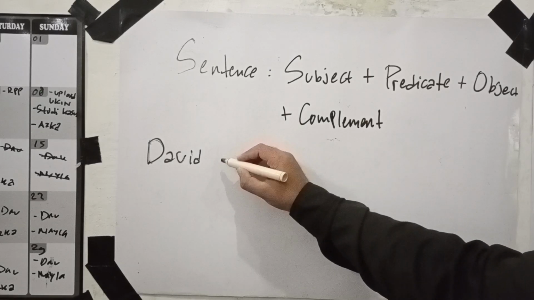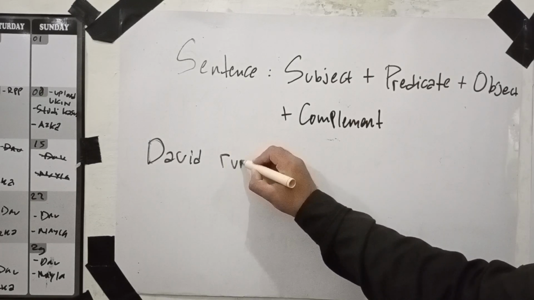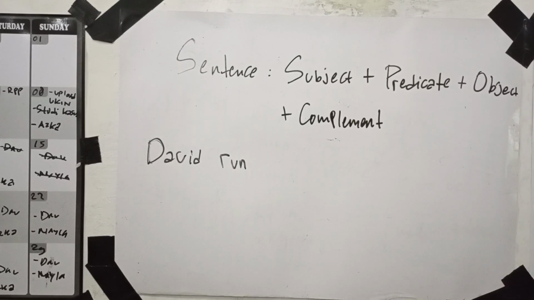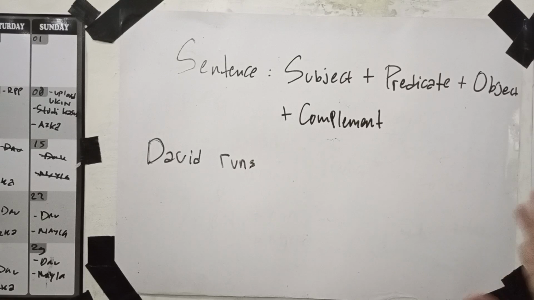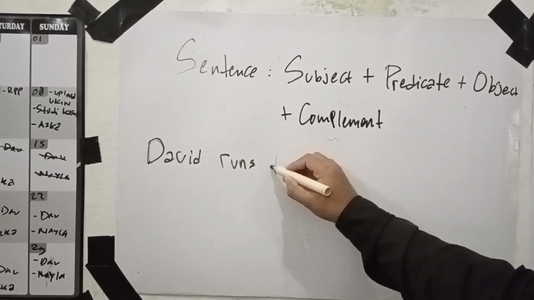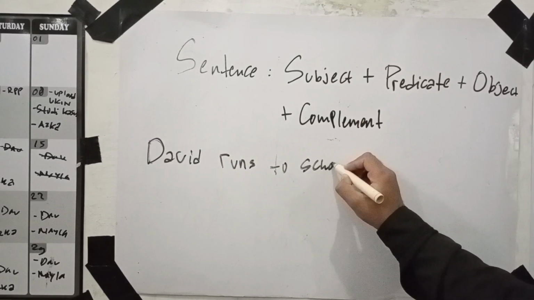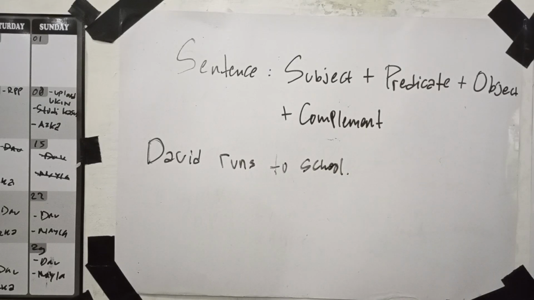David runs. Because it is in simple present tense, you have to put S. Why? That is for another lesson. David runs to school. Like that.